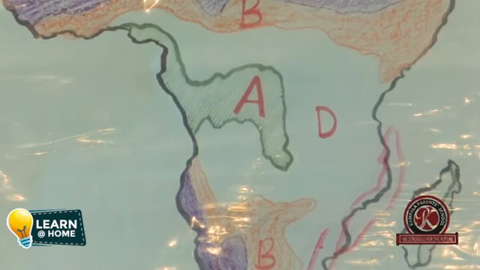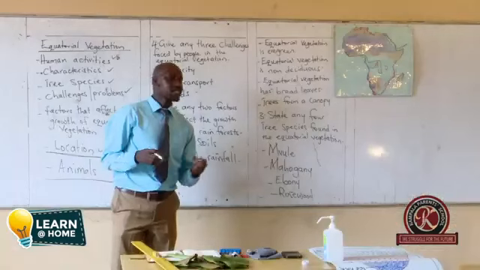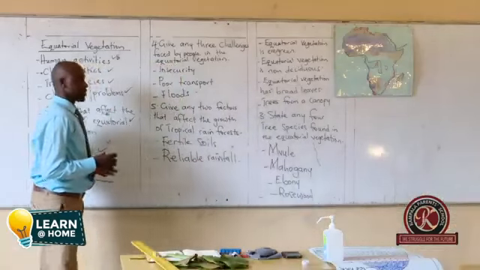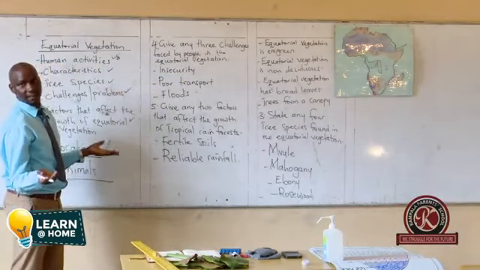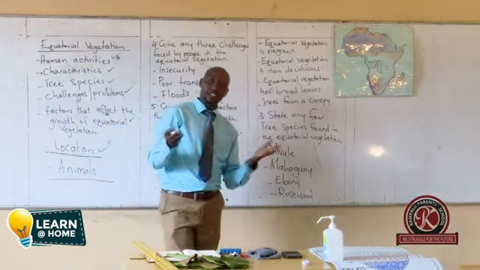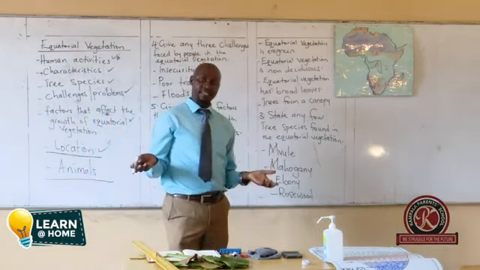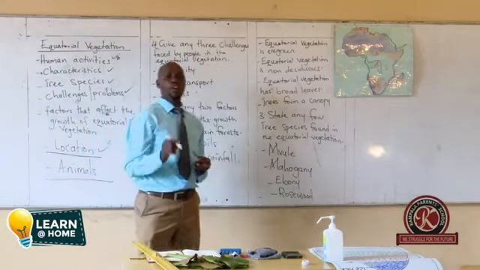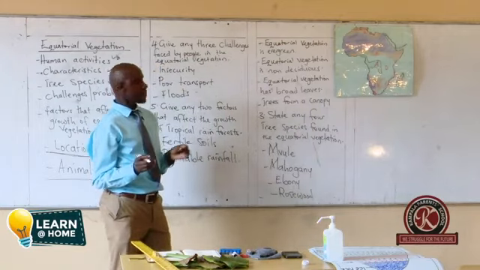So when we talk about animals that are found in equatorial vegetation, we shall simply come and look at those animals that live in mountainous, forested areas, like the monkeys, mountain gorillas, chimpanzees, because they feed on fruits.